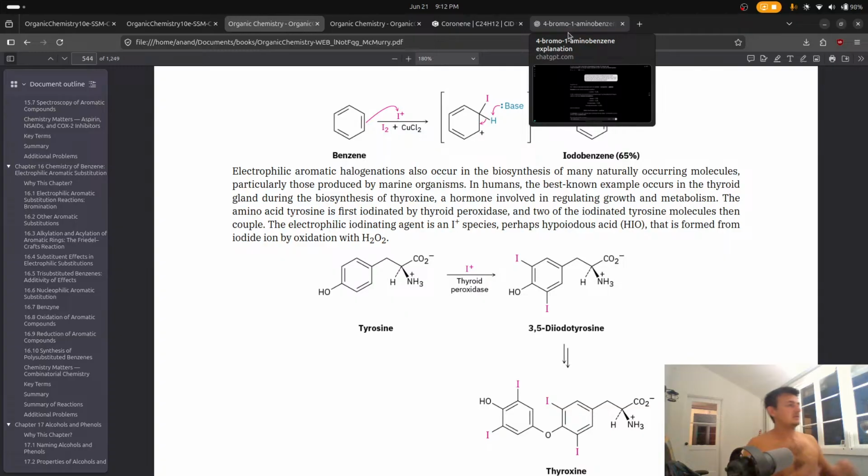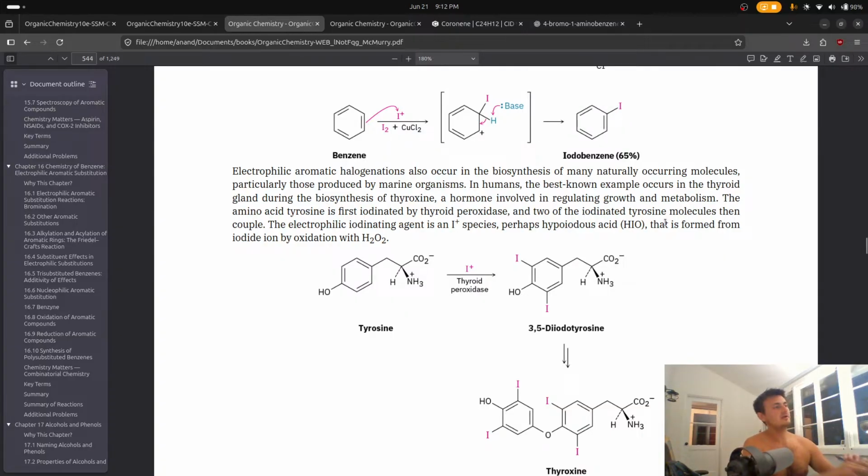Let's get back to the content. Electrophilic aromatic halogenations also occur in the biosynthesis of many naturally occurring molecules, particularly those produced by marine organisms. In humans, the best known example occurs in the thyroid gland during the biosynthesis of thyroxine, a hormone involved in regulating growth and metabolism.